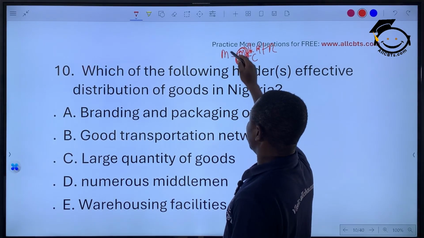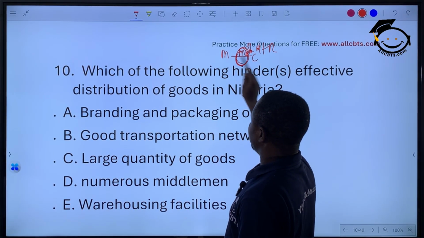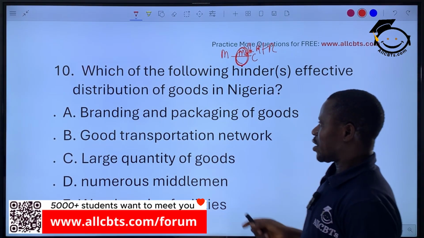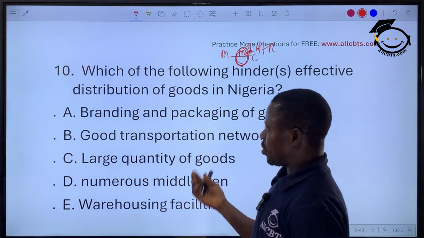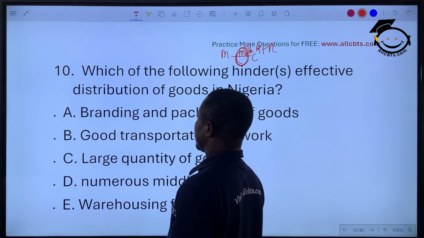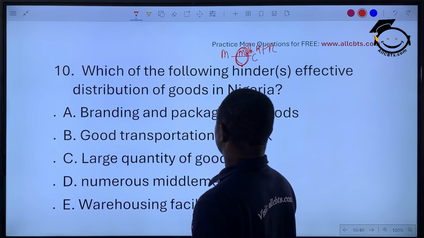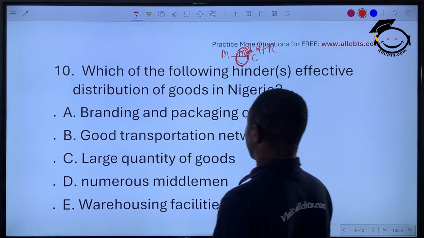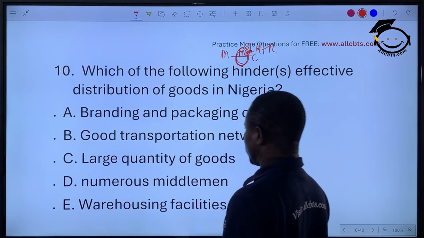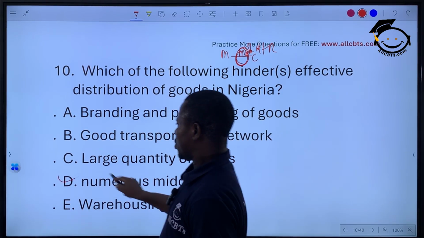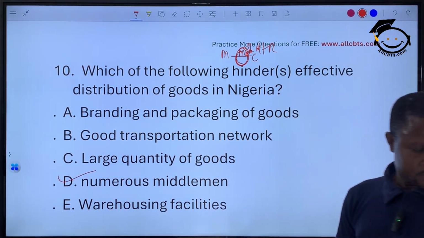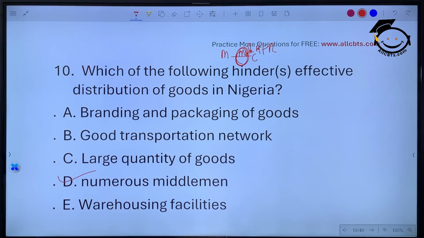Their actions between the producer and the final consumer can either increase the price or delay the product. The options are: branding and packaging, good transportation network, large quantity of goods, numerous middlemen, warehousing facility. The answer is what? Too many middlemen.